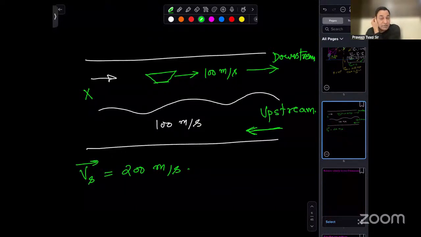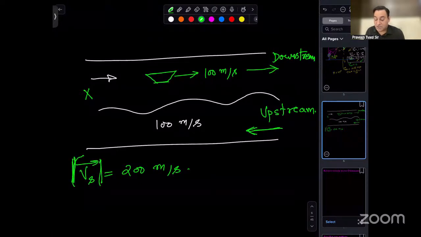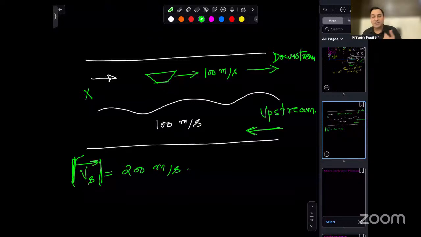So this is 200 meters per second, and he can swim with this velocity. The magnitude of it is 200 meters per second in still water. When the water is still, his effort can give him a velocity which is 200 meters per second. It can be in any direction, in whichever direction he is trying to swim.